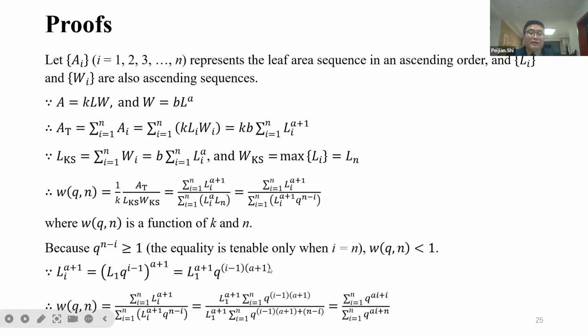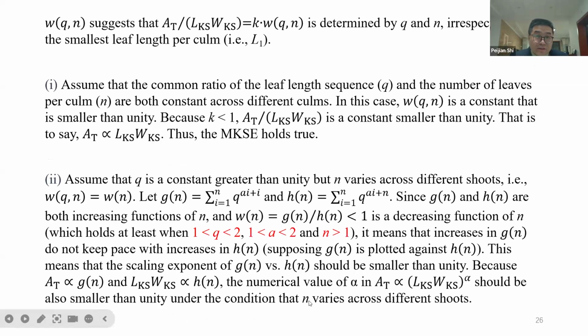We do some more and derive some conclusions like this.